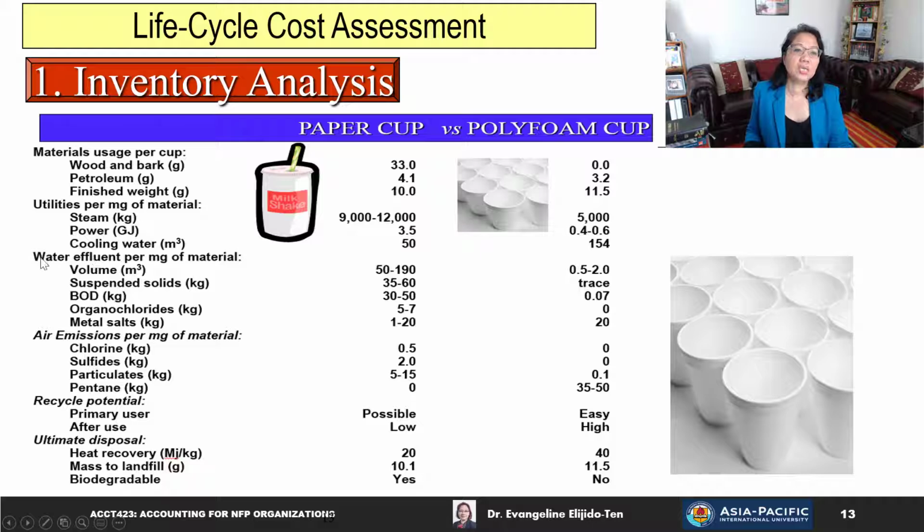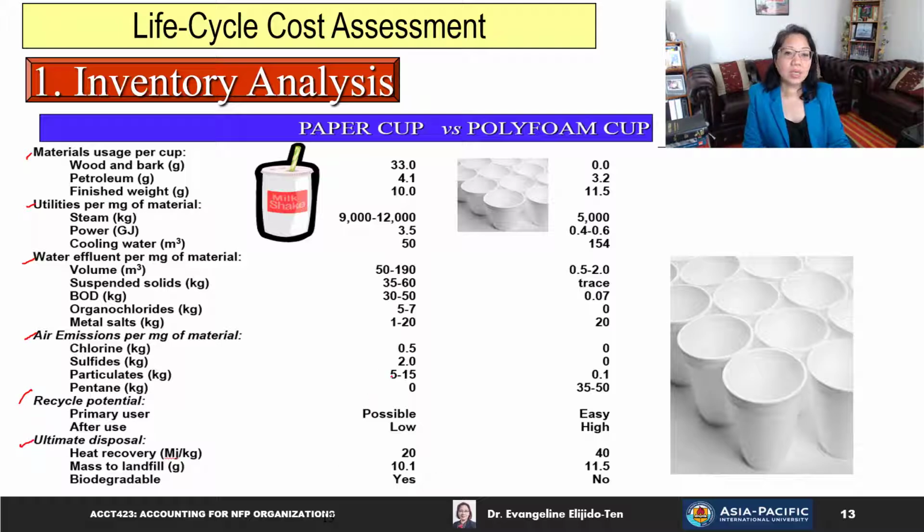All right. So what we have shown you here is the inventory of the material usage, the utilities, the water, effluent, air emissions per milligram of material, the recycle potential, as well as the ultimate disposal.